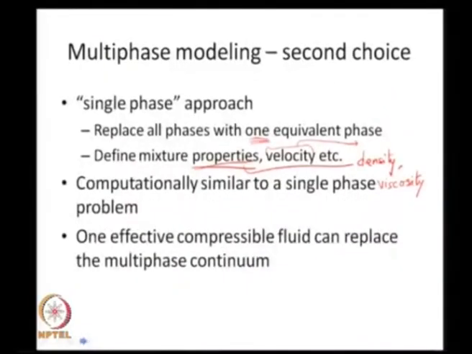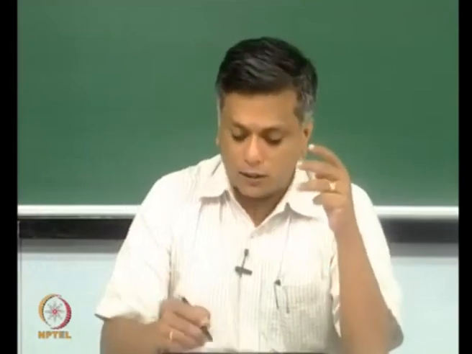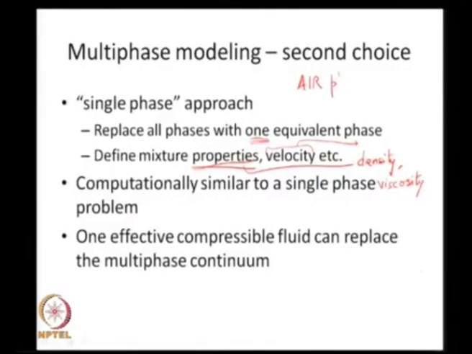The second modeling choice is a replacement of the two phases. So, I take the air phase, I replace the two phases with a single phase.